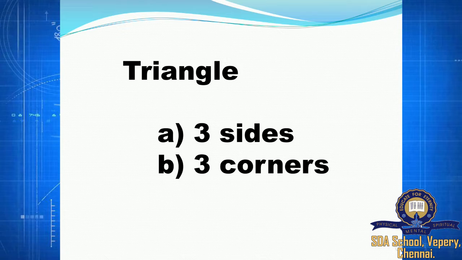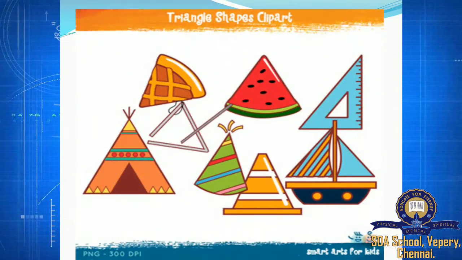Here are some objects in triangle shape. Wow. Can you see them? Can you identify them? Yes. These objects are triangle in shape.